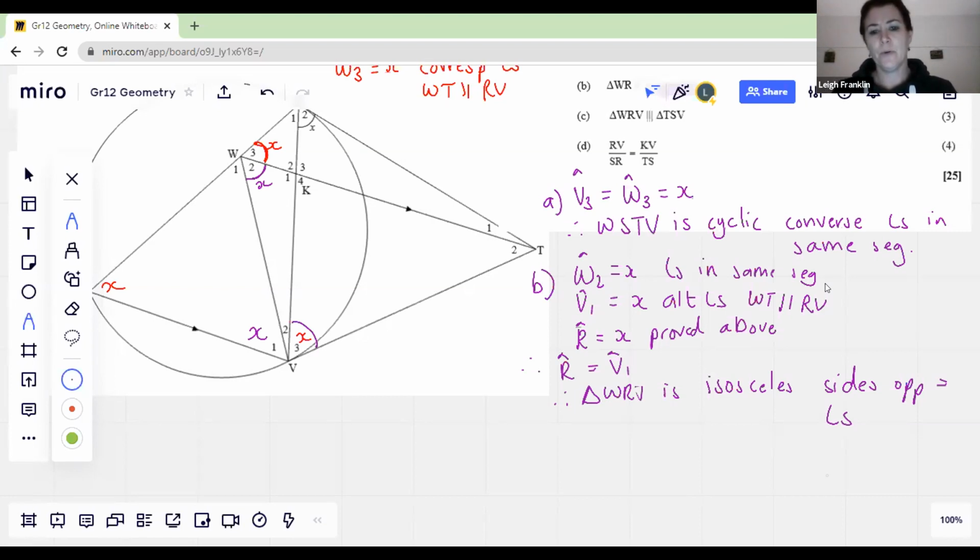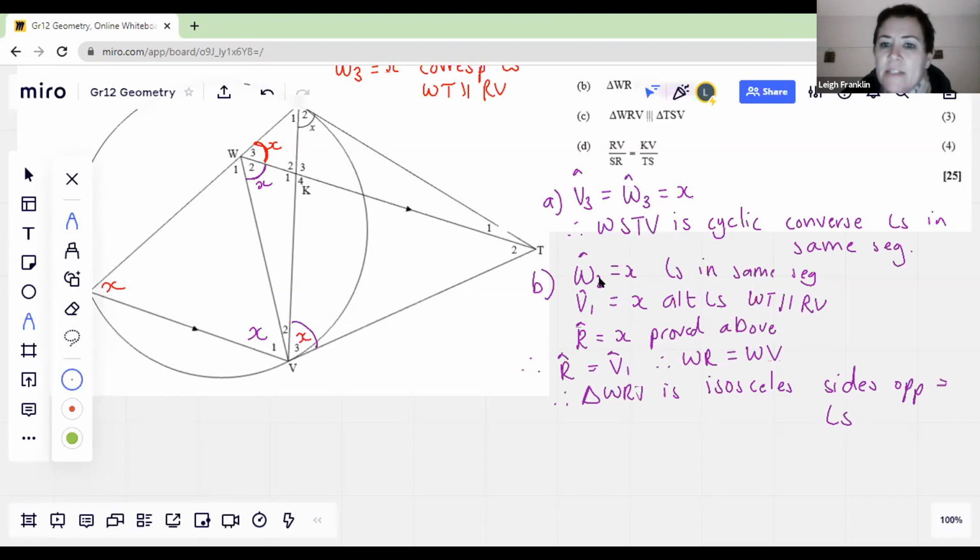So in fact, what I should have probably done is concluded WR equals WV. Okay, so therefore WRV is isosceles, sides opposite equal angles. Okay, let's push on. And let's see if we can just try and finish this.